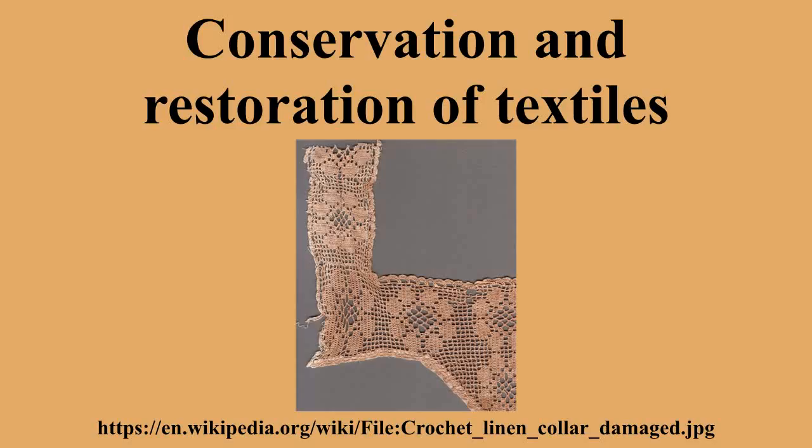Once the best cleaning process has been determined, the piece should be prepared for washing. Usually, this involves vacuuming to remove any surface dirt. Linings and backing should also be removed, vacuumed, and washed separately. This is not only to prevent color bleeding, but to avoid trapping dirt between the layers, which may cause discoloration from the inside.